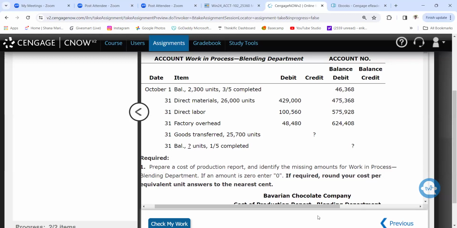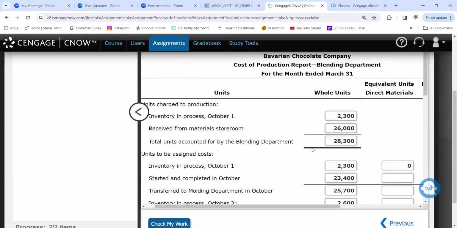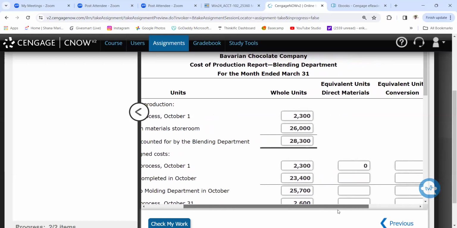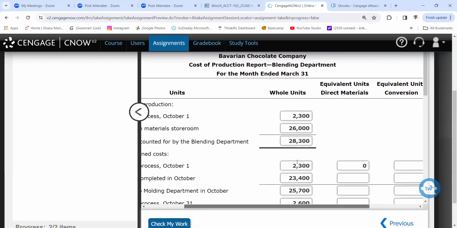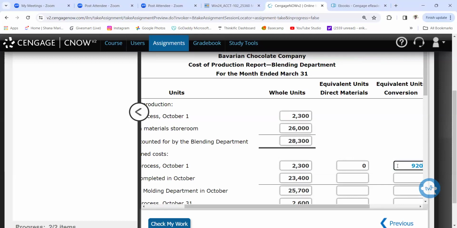So 3/5 completed means that they were 60% completed. So how much more do we need to complete? We need to complete them 40%. So 2,300 times 40% is how many units? 920 units. So that's how you get that number.